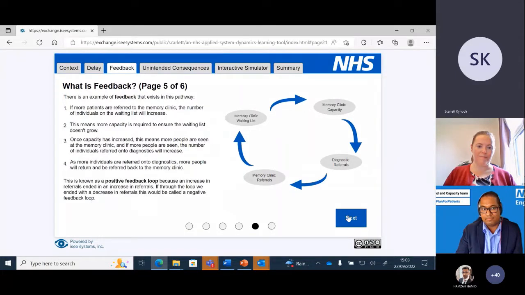As more individuals are referred onto diagnostics, more people will return and be referred back to the memory clinic. This is known as a positive feedback loop, because an increase in referrals ended in an increase in referrals. And if through the loop we ended with a decrease in referrals, this would be called a negative feedback loop.